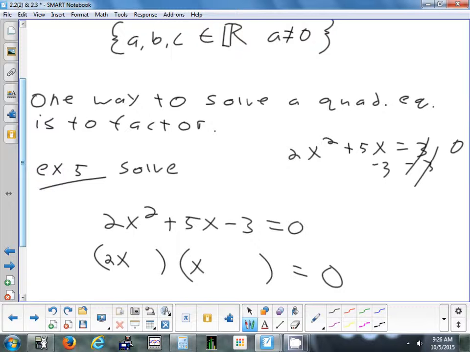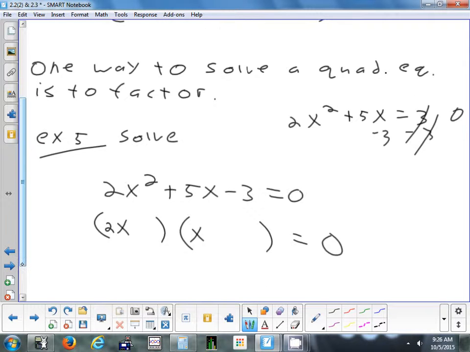Positive middle, negative constant. So what do my signs have to be? Yep, one of each. Does it make a difference where you put them? Yeah, in this problem it does, because one's a 2x and one's an x. If they were x and x, then it wouldn't matter. So let's just try it like this. If minus plus doesn't work, we'll do plus minus.